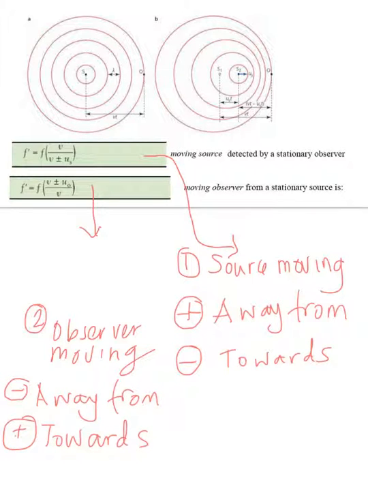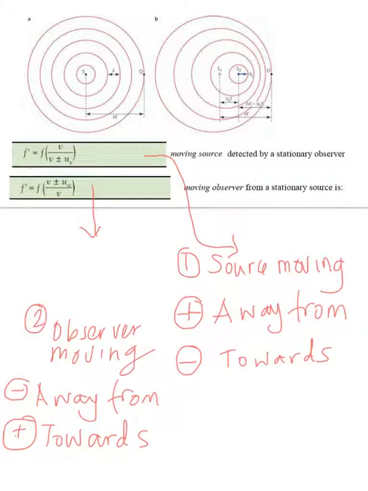For this relationship here, the plus sign is for when the source is moving away from the observer, and the minus is for when the source is moving towards the observer.